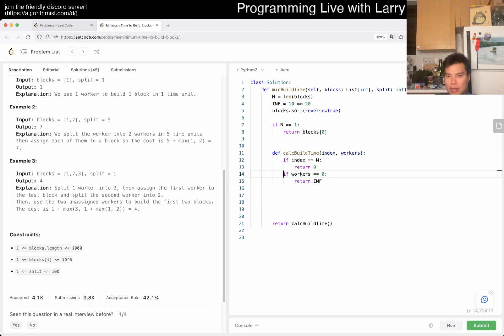If workers is equal to 0, then we return infinity because we have no more workers and we have jobs left. Otherwise, for this current job, we either assign a worker to it, or we don't and we just split.